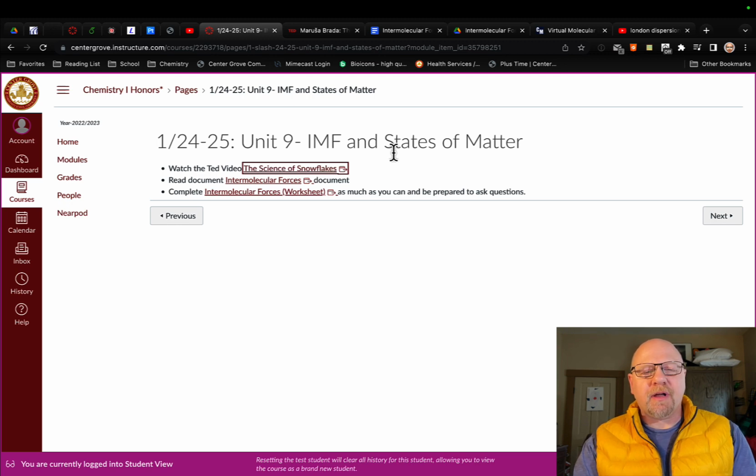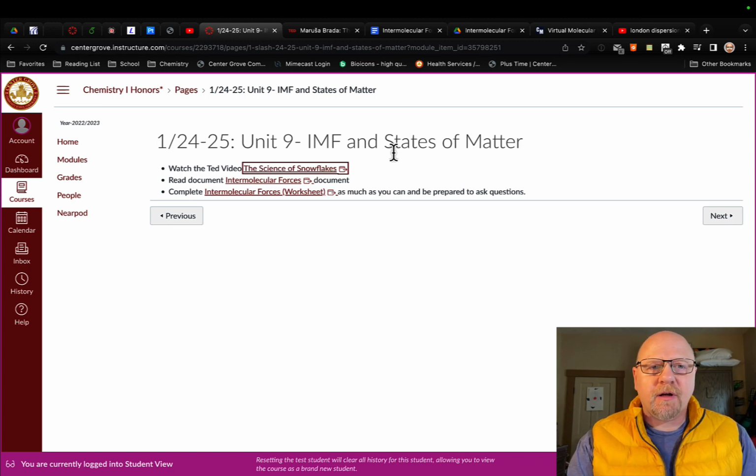So that polarity that we talked about in the last class, especially in determining whether a molecule is polar or not, is really important to that next step, because the polarity of a molecule is going to determine how well they can attract each other, and the strength of that polarity, the stronger it is, the stronger the attractions. Even nonpolar molecules will have attractions between each other, but that occurs through a special way.